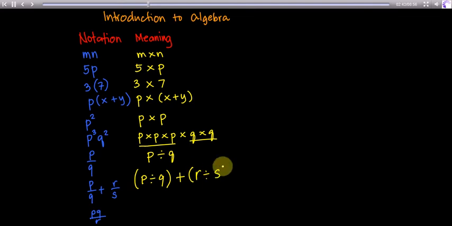So this should also be in one parenthesis. And the next one is pq over r. So this simply means that we multiply p times q, then we're going to divide by r.